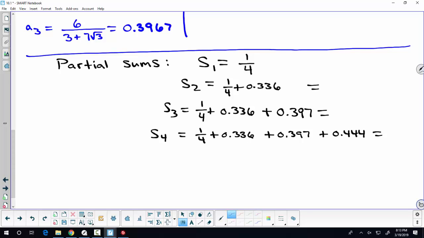Okay, so what do we have? Second partial sum is 0.586. The third partial sum, 0.836. Fourth, 1.427.